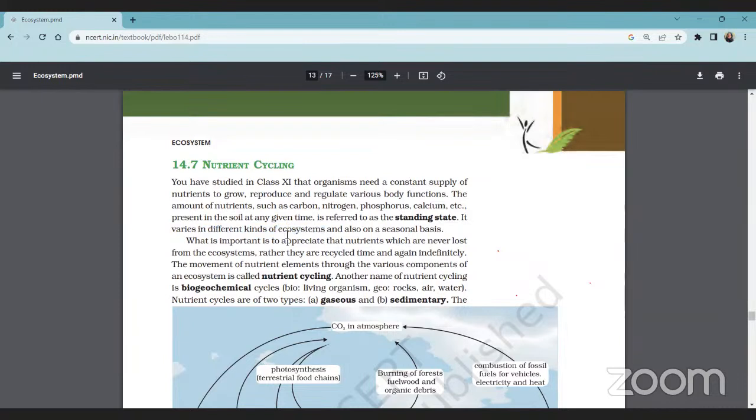Deserts, for example, contain a lesser amount of these nutrients. So these amounts vary in different kinds of ecosystems.